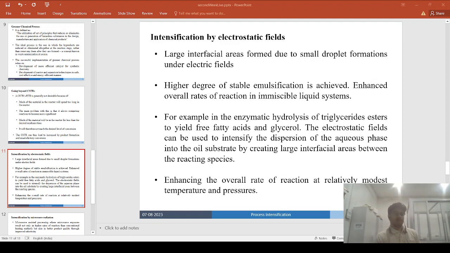For example, in the enzymatic hydrolysis of triglyceride esters to yield free fatty acids and glycerol, the electrostatic fields are used to intensify the dispersion of the aqueous phase into the oil substrate by creating large interfacial areas between the reacting species. Thus, they can enhance the overall rate of reaction at relatively modest temperature and pressures. So that's why electrostatic fields can be used to perform process intensification.